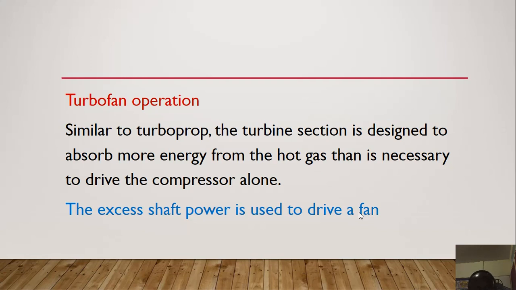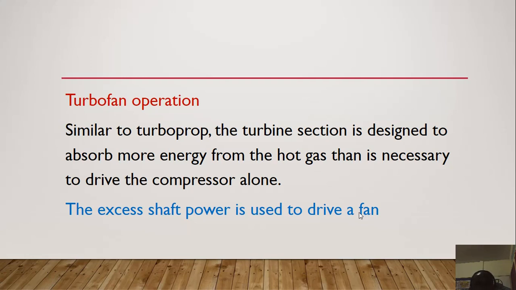So the excess shaft power is used to drive a fan. We have the energy that's absorbed to drive the compressor, and another portion is used to drive the fan because we have excess power.